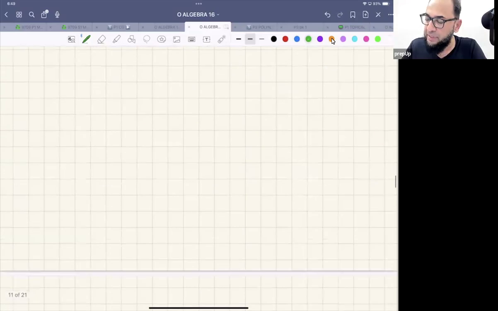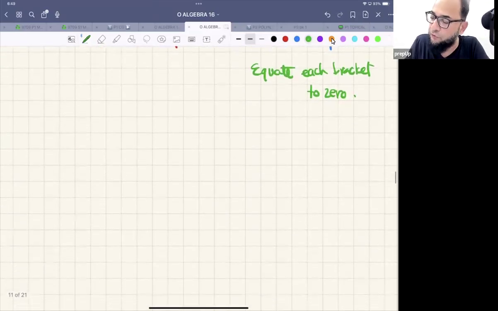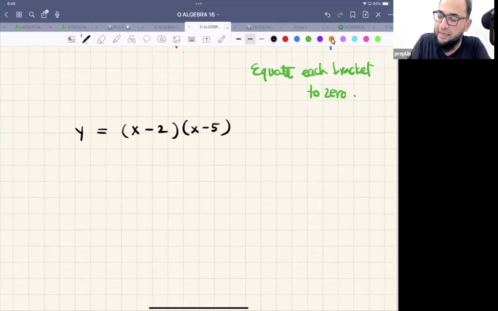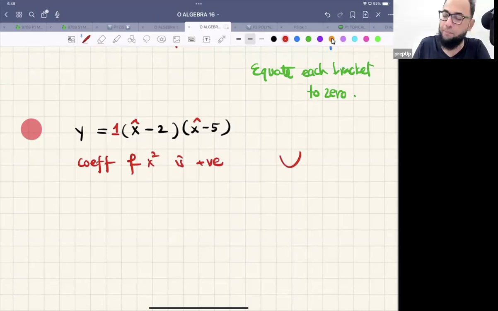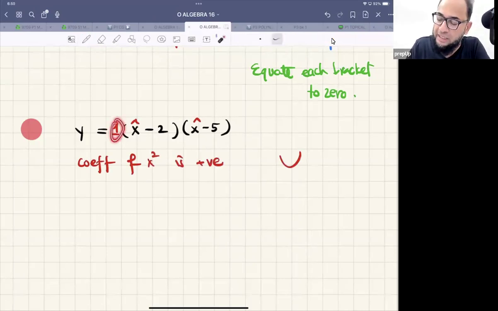Now let me just get started with this. First of all, I need the factorized form y equals x minus 2 times x minus 5. This is the first worked example. First of all, when there is nothing on the outside, there is 1. This x is positive, this x is positive, so the coefficient of x squared is positive. Therefore, this is the shape. So don't just look on the outside.